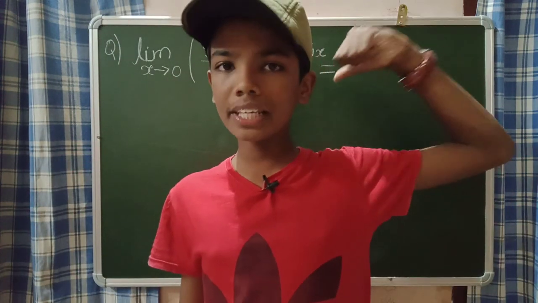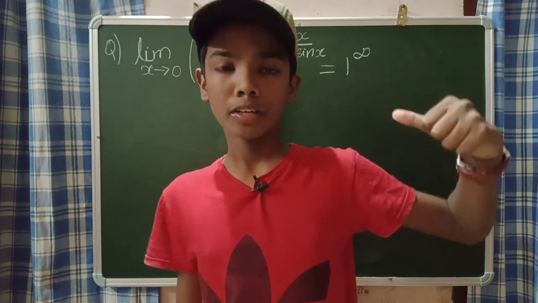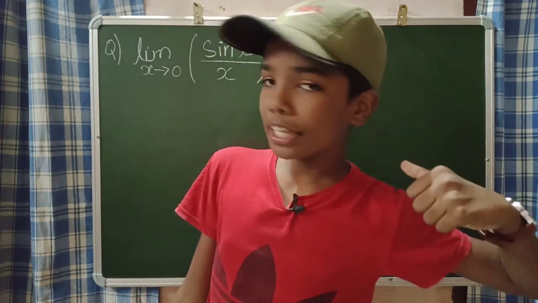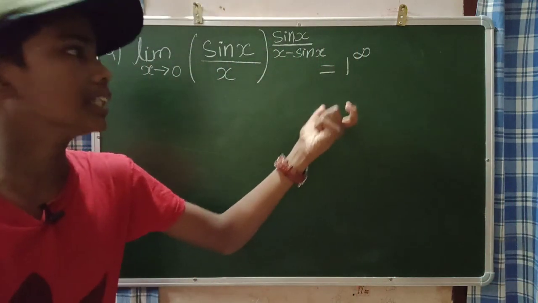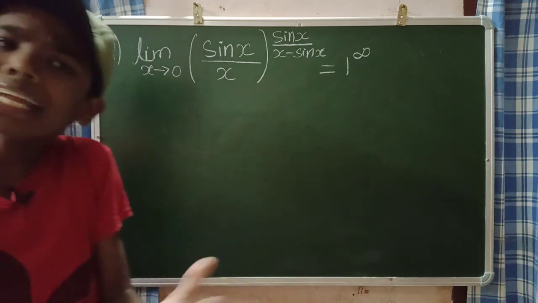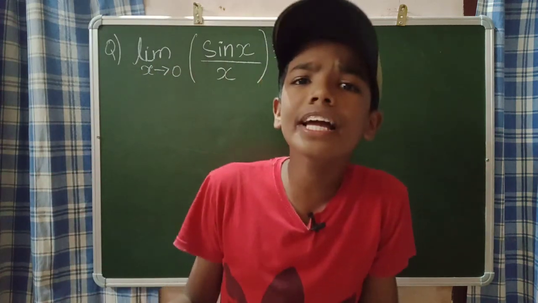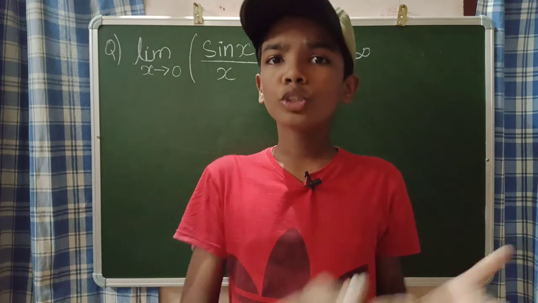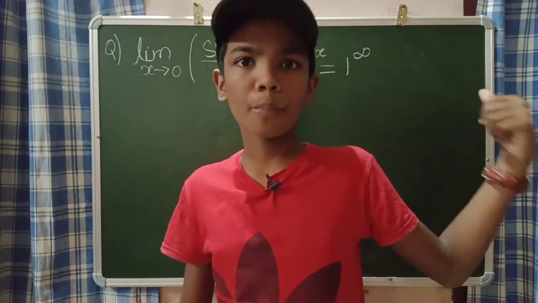If I solve the limit using the direct substitution method, by putting x as 0, then you will get the value of the limit as 1 to the power of infinity, which is an indeterminate form. And now I taught you how to solve this indeterminate form, which is 1 to the power of infinity.